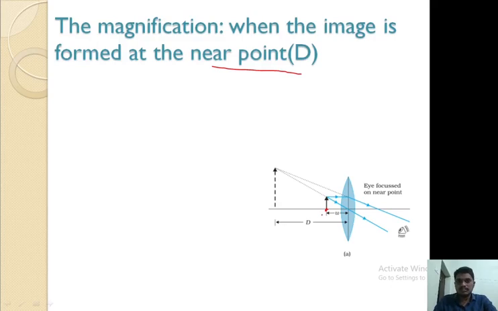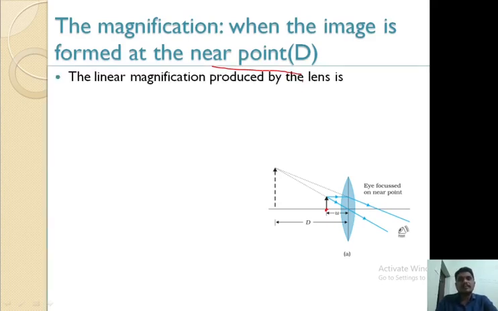Now here we'll find out magnification in one particular case when the image is formed at near point. So we'll adjust the position of the object. We'll move the object in between focus and optic center so that the image is formed exactly at 25 centimeter from the eye lens. That is about a normal near point.